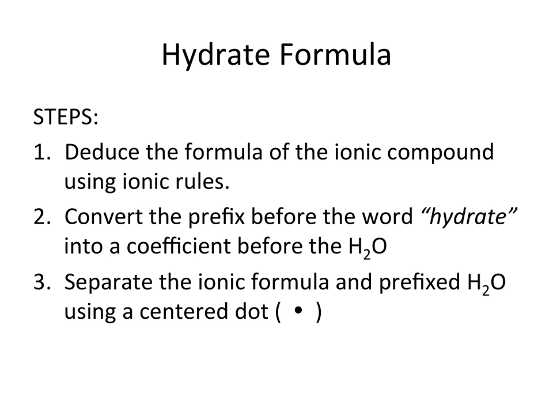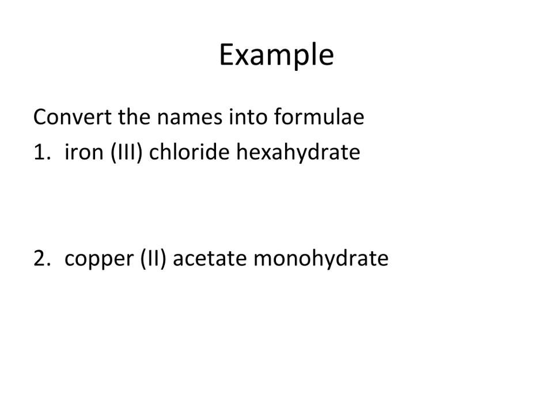So to create the formula, again, I'm just going to have to use my ionic rules to figure out what that formula is for the ionic section. We're also going to convert the prefix in front of the word hydrate into a coefficient of the water there. And then we're going to separate the two by using a center dot. So in this case, iron 3 chloride. So first thing I do is I write out my symbols.